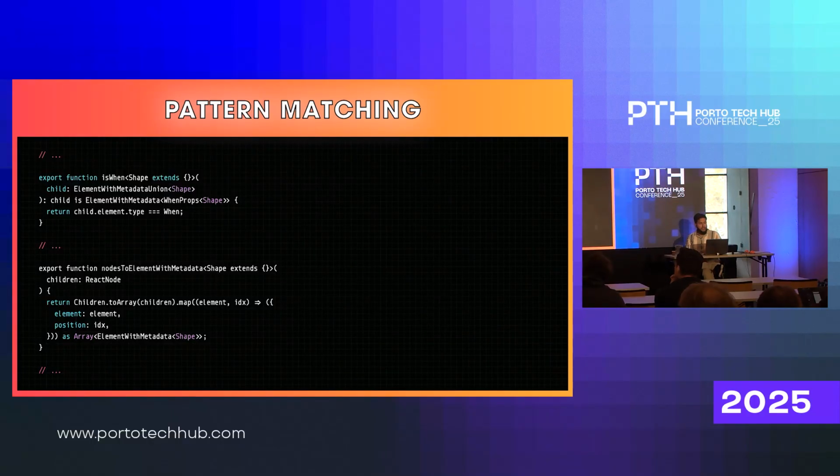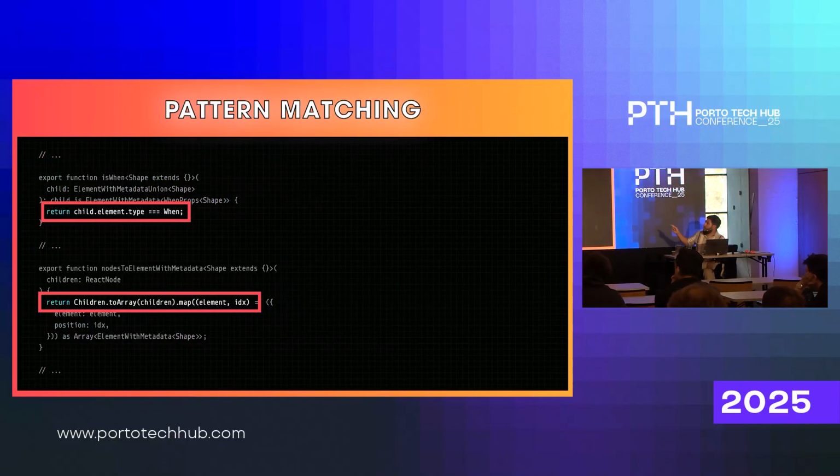There's a lot of source code, but the part I want to focus on is this function called is when. You can see that it takes generic types and so on, but basically it's where I'm accessing metadata to see, for example, if the children of that match assertion is of type when, or if it's an otherwise assertion or something else.